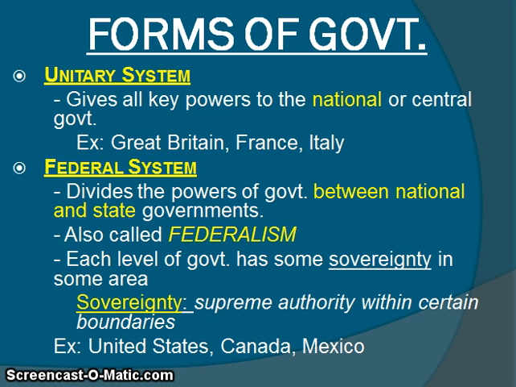We're looking at a form of government, and this is a unitary system, meaning Great Britain's central government has all essential powers. This is different than the United States' form of government, which is known as a federal system. The federal system divides the powers of government between the national and the state. This is pretty evident in how our country works.